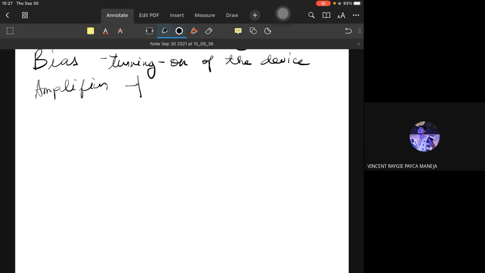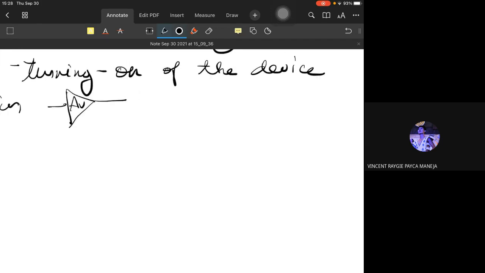From a systems point of view, this will be the symbol of the amplifier, characterized by its gain, sometimes A, sometimes G, or AV, meaning voltage gain.